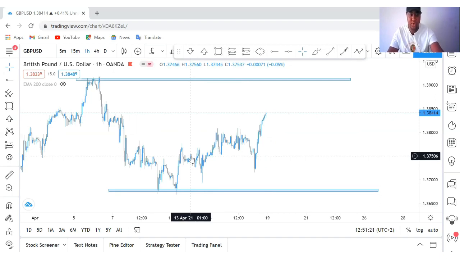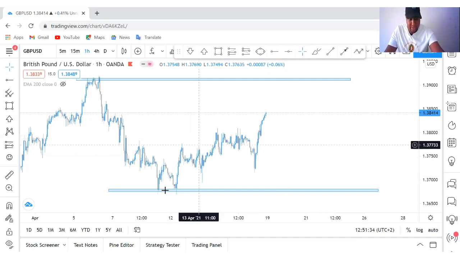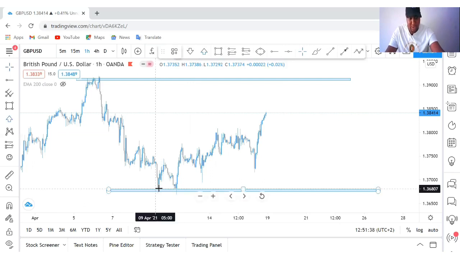I'm teaching you while I'm trying to predict what's going to be happening in the market this coming week. So it's a focused analysis and teaching at the same time. We can see that there's a nice reversal structure that the market gave us last week, around the 9th of April.